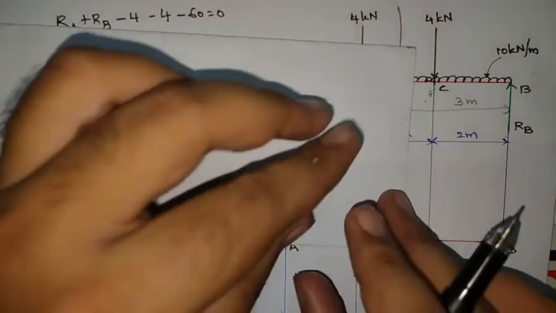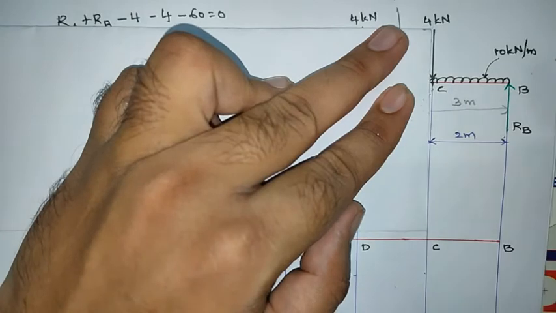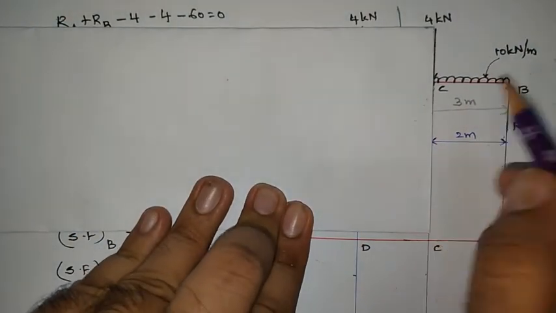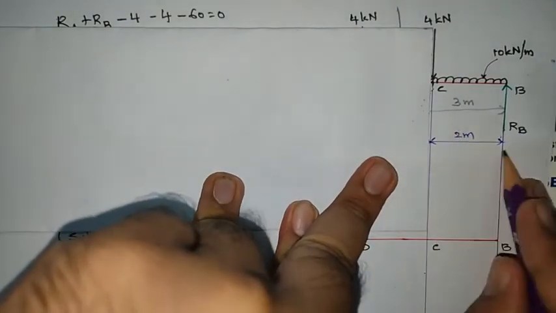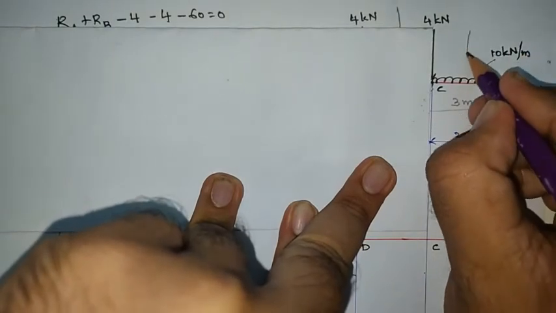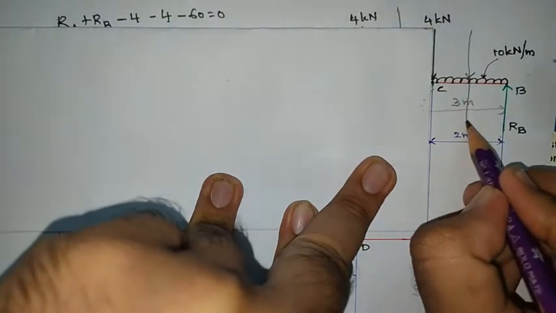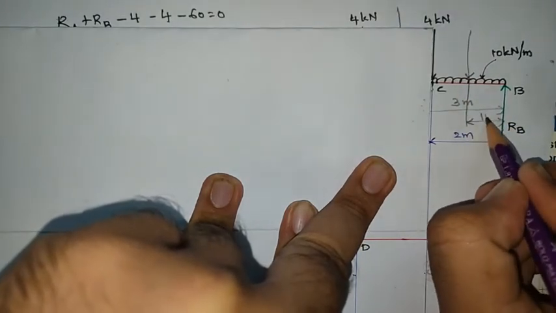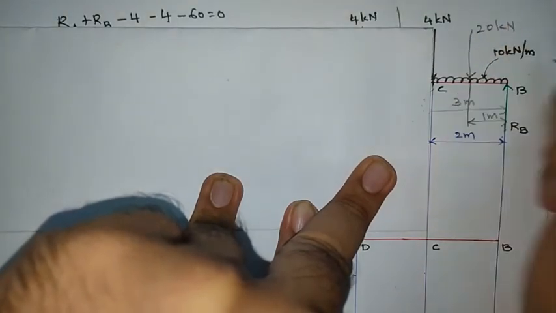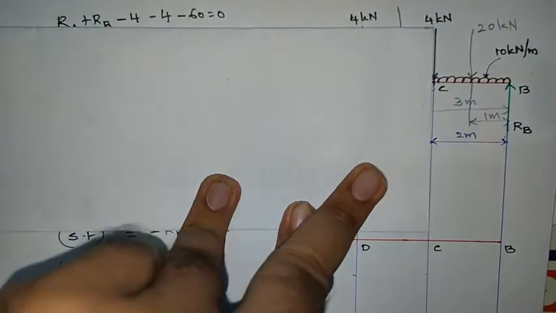Next, calculate the shear force at C. Close the left side of C. What are the forces acting? This UDL and point load. If you convert this UDL into point load, for 2 meters, per meter 10, that means only this small portion, acting in the middle at 1 meter, is 10 into 2, 20 kilonewtons. Now what are the forces acting? Minus RB plus 20 plus 4, right?